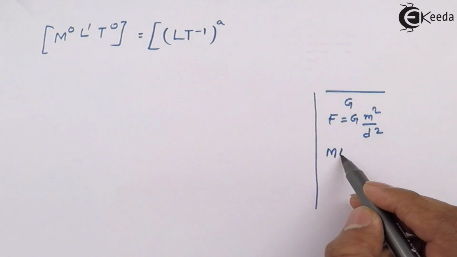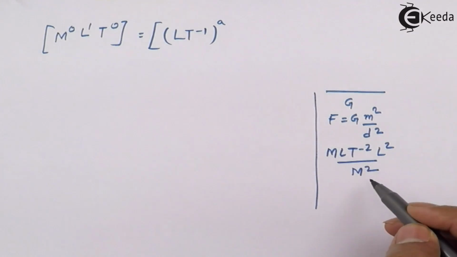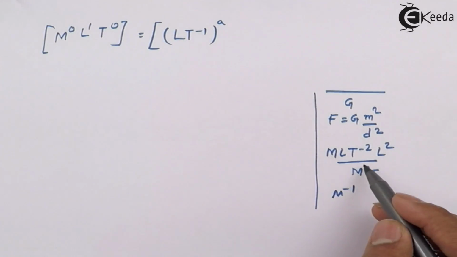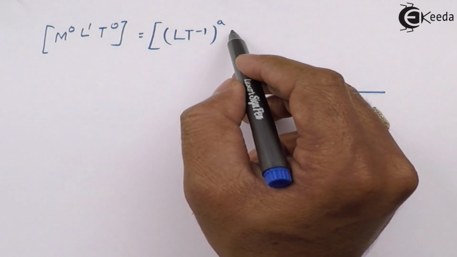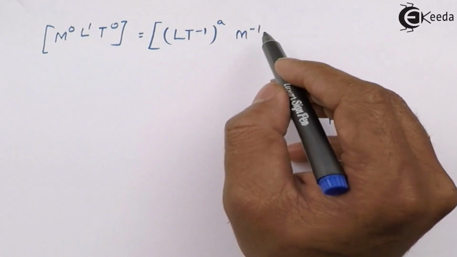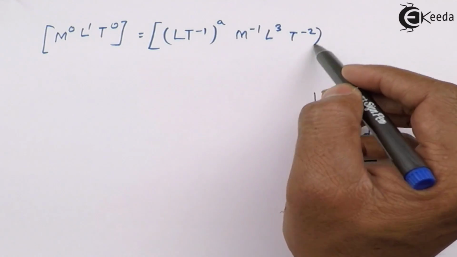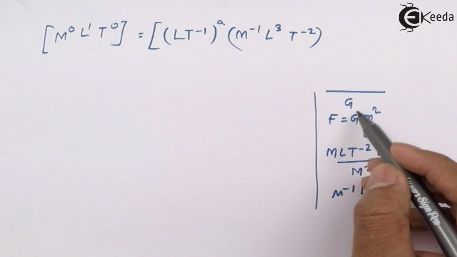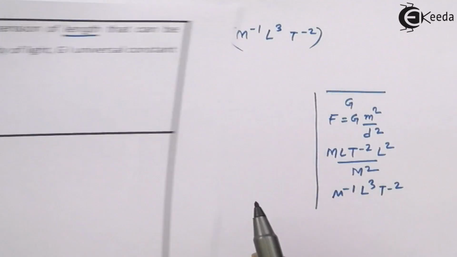Newton is M L T minus 2, meter square upon kg square is m square. So this will become M minus 1 L cube T to the power minus 2. This I am writing for G because here it is G to the power b.